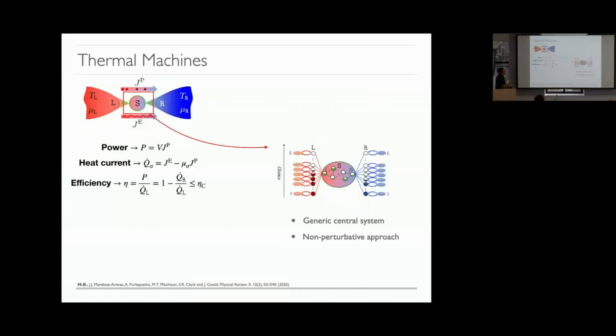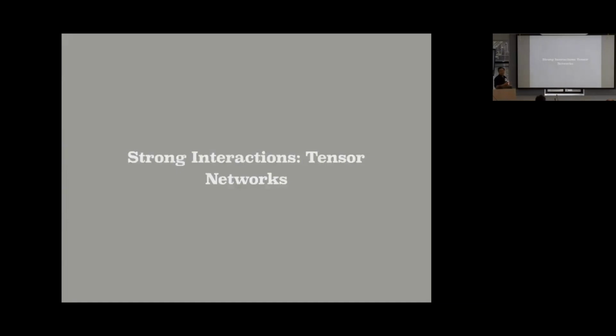But what we really want to solve is something very complicated as a central system, something like an interacting many-body system in the middle. This is where our favorite ansatz comes into play. Now that I have a bath description with a finite number of degrees of freedom, I can employ an MPS and see how things will look.